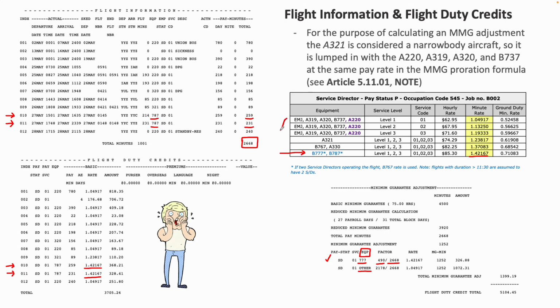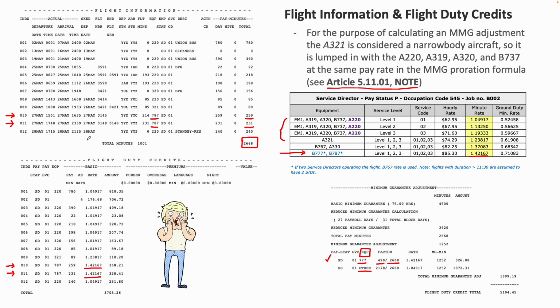And this is for reasons I still don't understand entirely, but I can tell you it is based on the contractual wording in Article 5.11.01, specifically in the note that is seen there. And this is a long-standing practice as far as our pay is concerned, that even though the Airbus 321 has its own hourly pay rate when you actually fly on the Airbus 321, it's considered a standard narrow-body aircraft for the purpose of your MMG calculation.